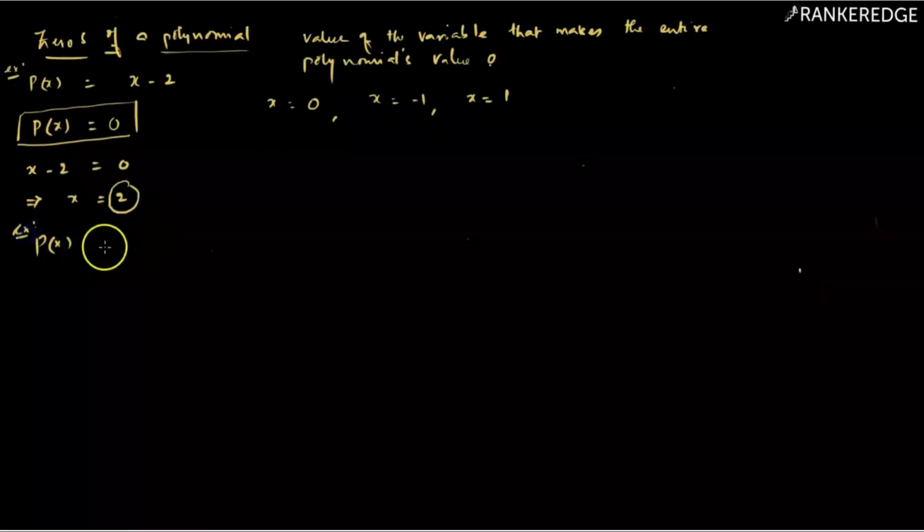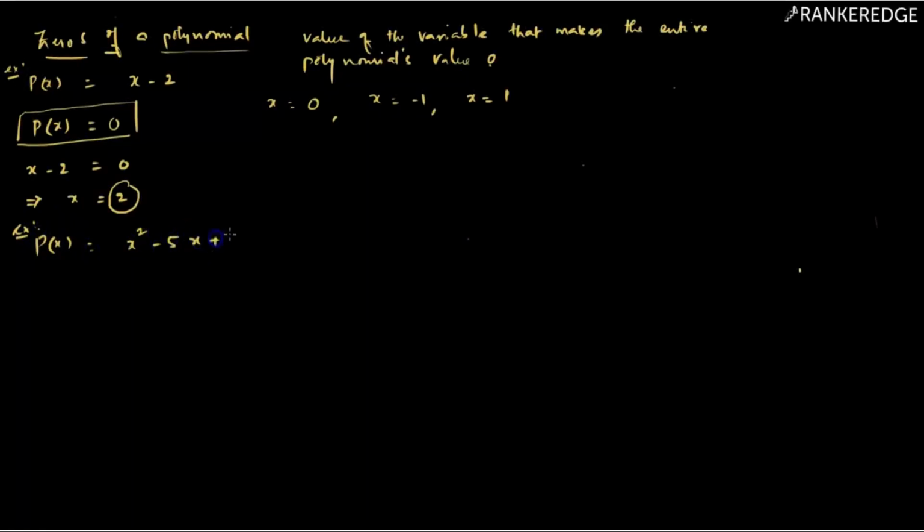In another example, let's say my polynomial is x square minus 5x plus 6. So what are the zeros of this polynomial? To find the zeros of this polynomial, it's a quadratic polynomial in x. To find the zeros of this polynomial, I will set the polynomial itself to 0 because that is the condition, right?